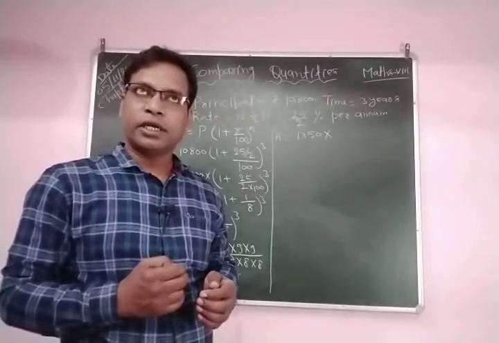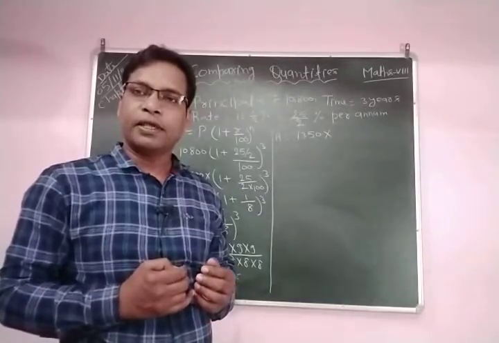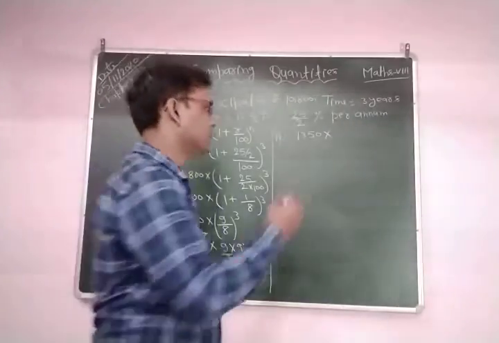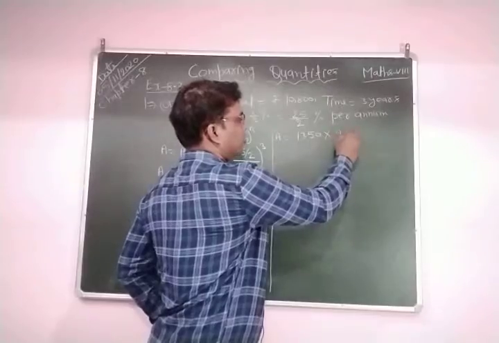It means that 9 to the power 3 is equal to 729. This becomes 729.